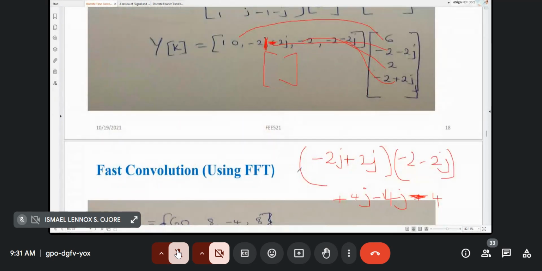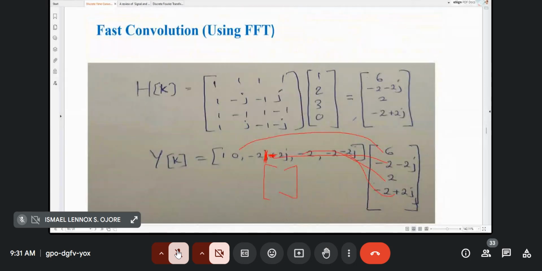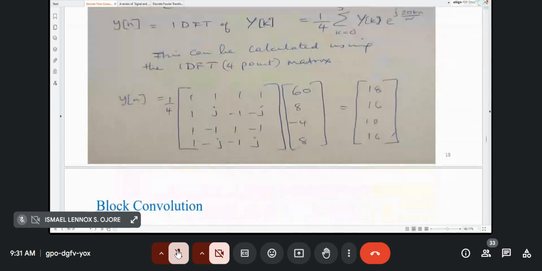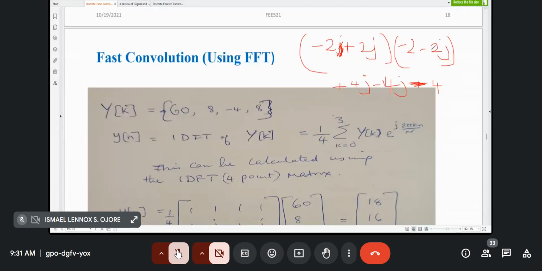So this is minus 2 plus 2j. K is minus 2 minus 2j. Right, that is okay. So now let's work from there. So this is 4 plus, this is minus 4j.